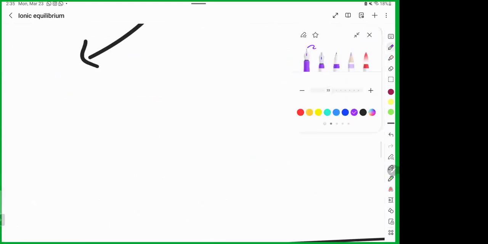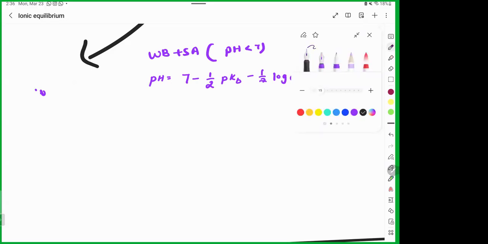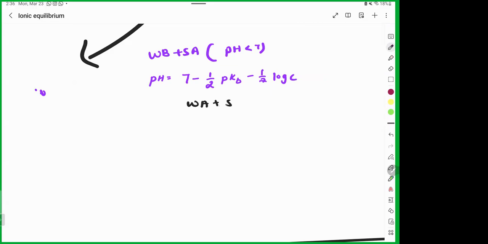Example, if you are calculating here, you have weak base and strong acid. Overall it is an acid. Acid has pH less than 7, and if pH is less than 7, then this value will be negative, half pKb minus half log C. But if you take another situation, weak acid and strong base, net pH value will be more than 7, correct?